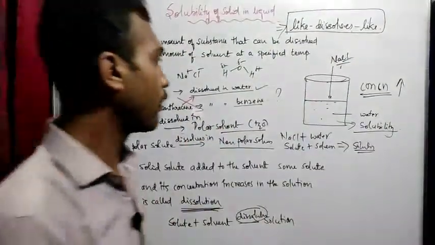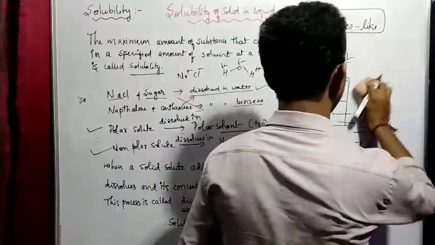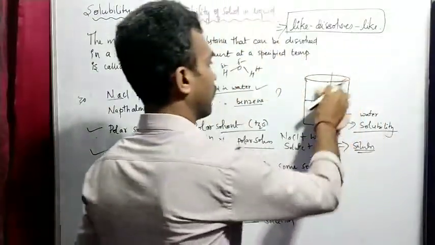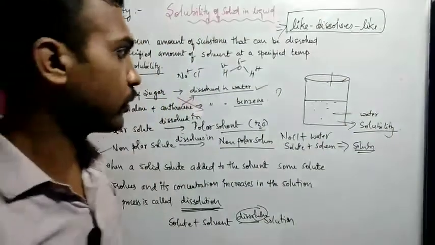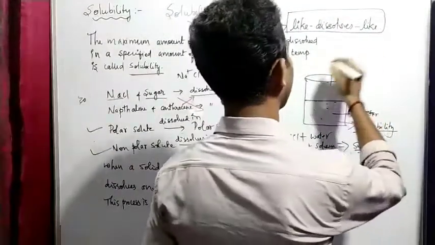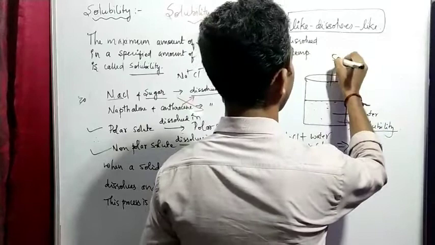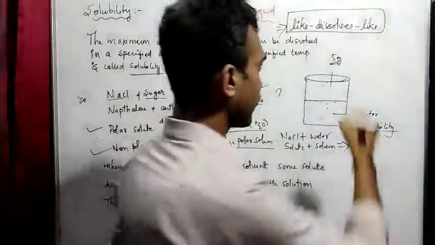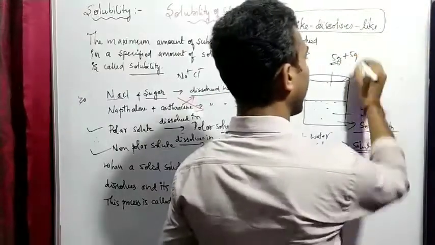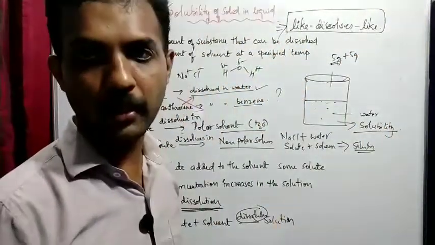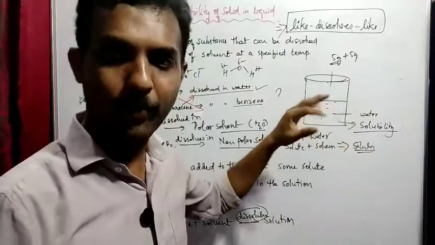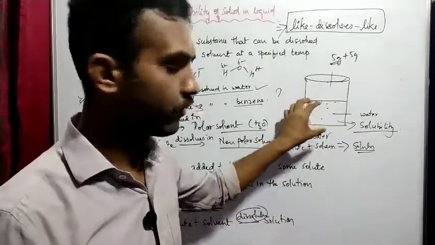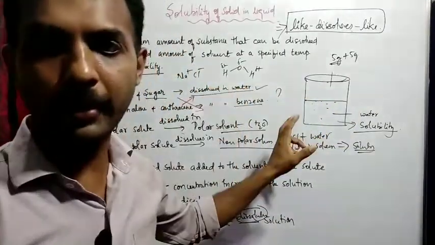So now I am adding one more teaspoon here, 5 grams of sodium chloride. Stir it, and once again you can add one more 5 grams. Stir it, right? So you can add more and more solute to a particular solvent or solution.